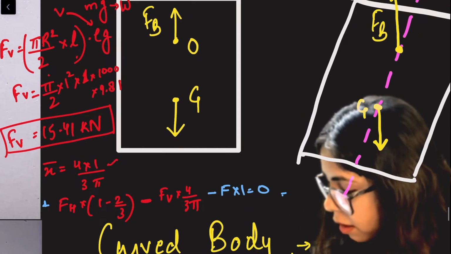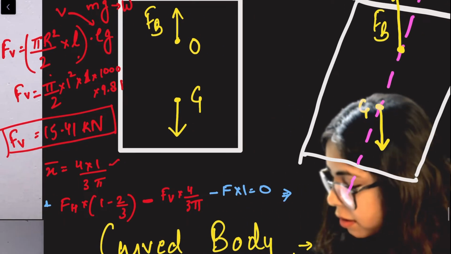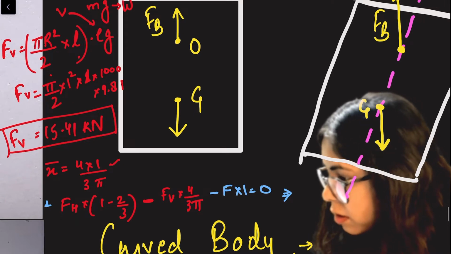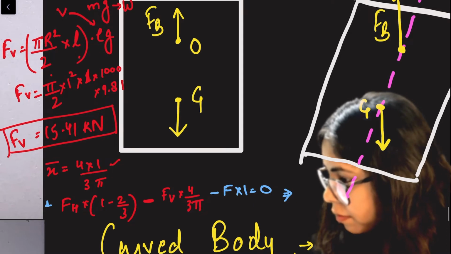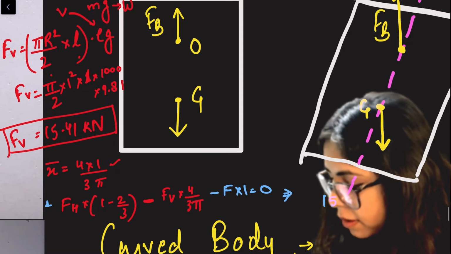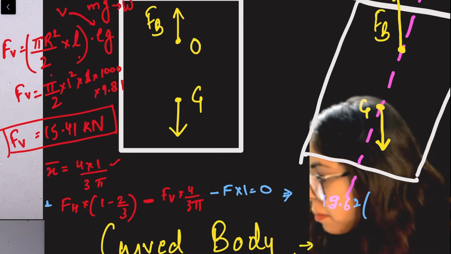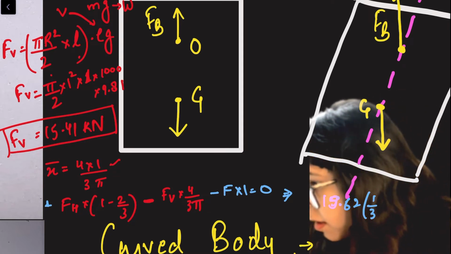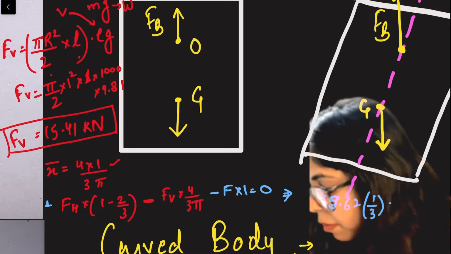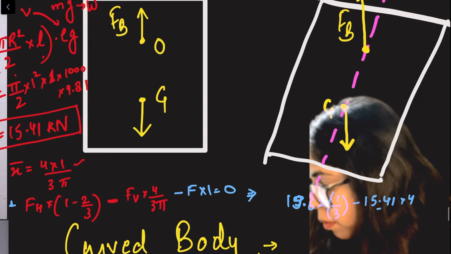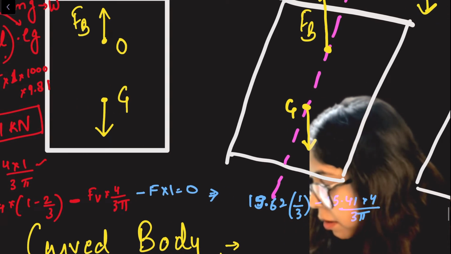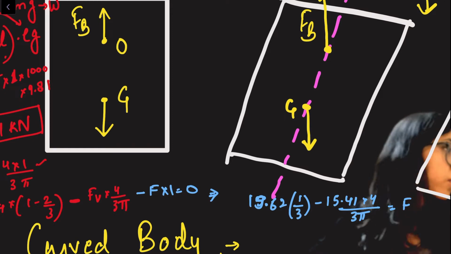Let's calculate from here. I get Fh. I will put Fh values. That comes as Fh was 19.62 of 1 minus 2 by 3, that means 1 by 3, and minus Fv is 15.41 into 4 upon 3 pi is nothing but equal to F. So let's calculate the values.